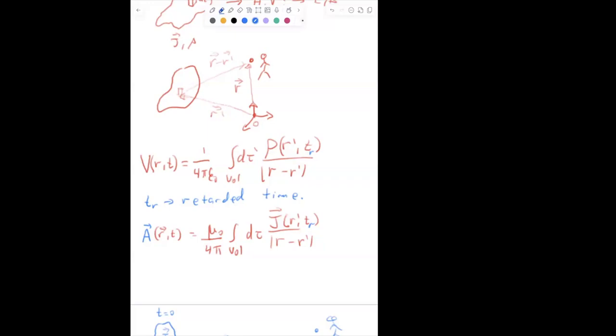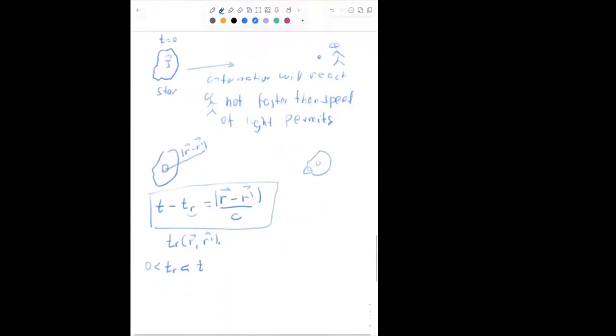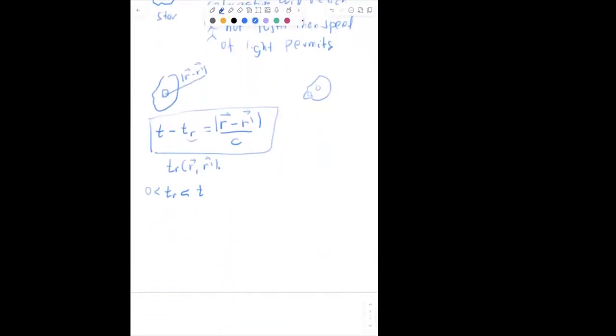So we always have a practical starting point of the system. For example, the time where we took all the charges and put them together, or the time where we started the current, that will be the origin of time. Okay? Yes, thank you. So yeah, it's a subtle point, but the short answer to your question, T is the usual time, but we need to discuss its origin. We need to think about it a little bit.